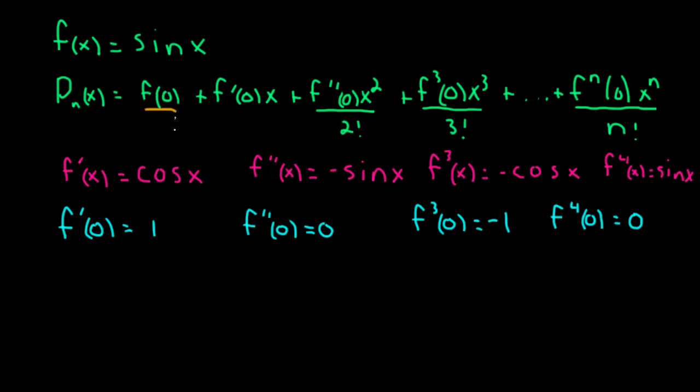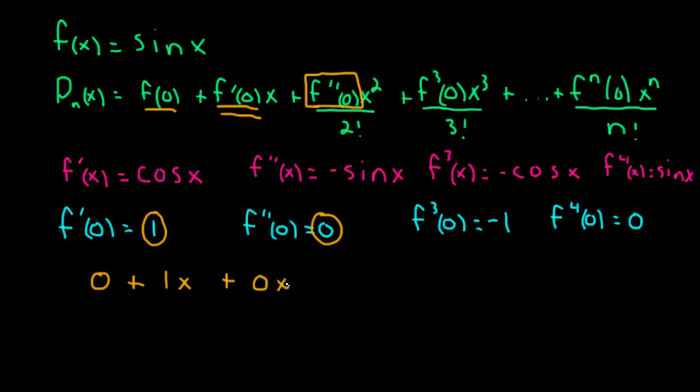What is f of 0? Sine of 0 is 0. Plus the first derivative evaluated at 0 is 1. The second derivative evaluated at 0 is 0, so plus 0 x squared over 2 factorial.